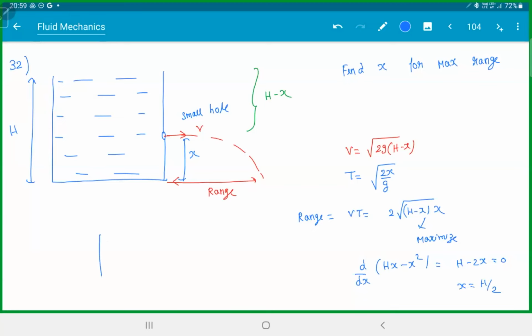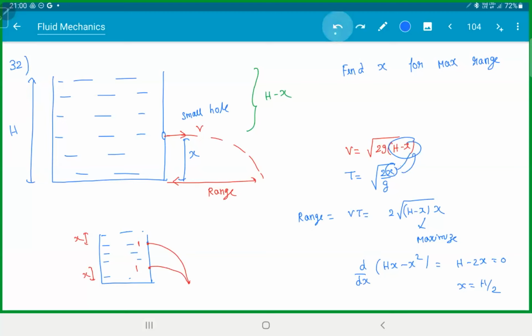If you look at this container here, if you make a hole here, and if you make a hole here, both will give you the same range. If you take from the top or if you take from the bottom. If you make a hole from the top at distance x, or from the bottom at distance x, the range will be the same. Because logically, h minus x and x will get interchanged.